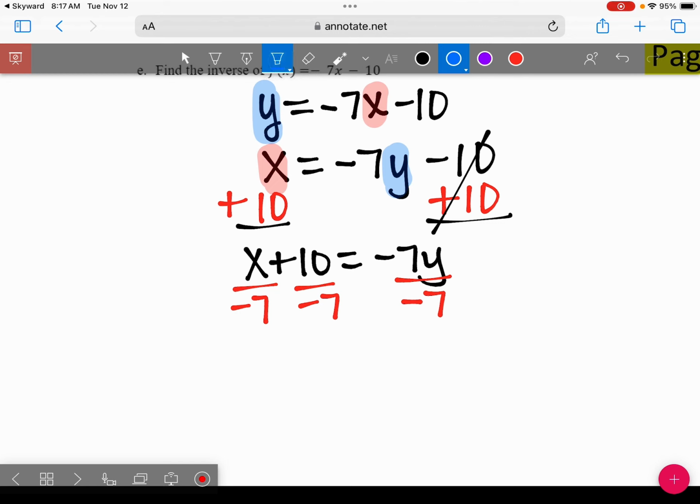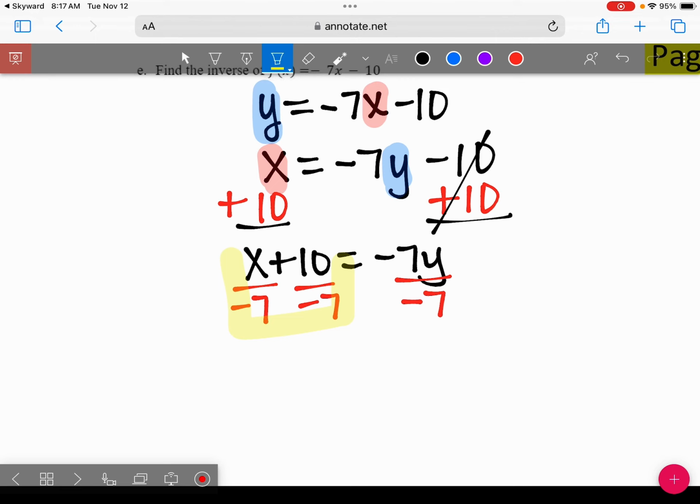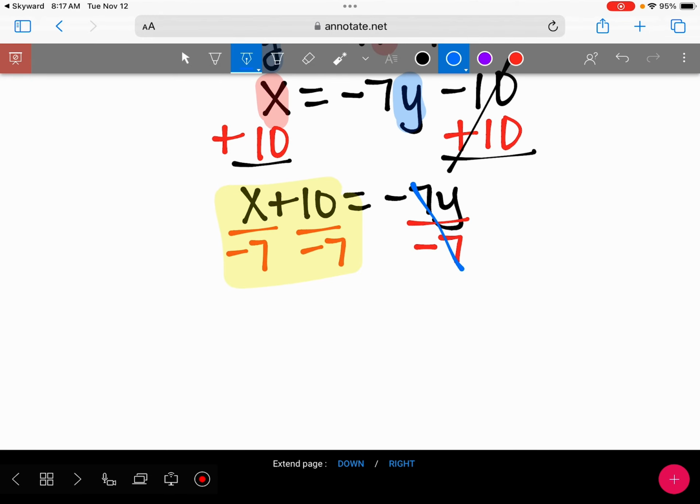So this is your inverse right here. Everything that you see in that yellow highlighted box, that is now your inverse. So we're going to write that using inverse notation. So inverse notation would be f with the little minus 1 of x.